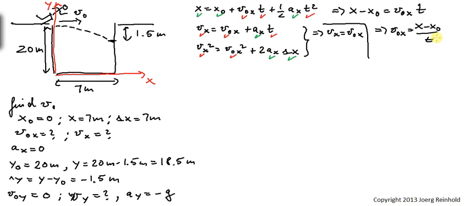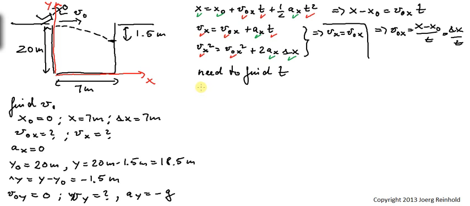We know what x minus x0 is, so this is just delta x over t. So we need to find t first. Need to find the time. We can't find the time from any of the other two equations. The second one, if we multiply with ax equals 0, doesn't have the time. The third one doesn't have the time at all. So we have to go to the y direction in order to find the time for the problem.